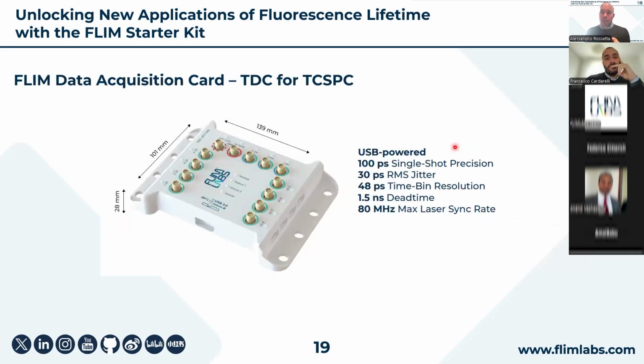Focusing a little more on the third component of our FLIM kit, we have our FLIM data acquisition card, which is basically a TDC, a time-to-digital converter, for implementing the time-correlated single photon counting technique. This card is USB powered, and it yields some specifications that perfectly suit the application of fluorescence lifetime measurement.